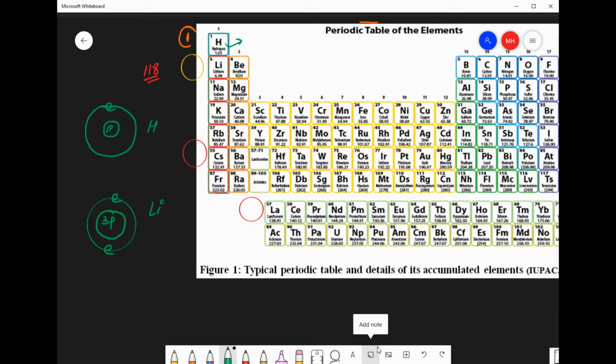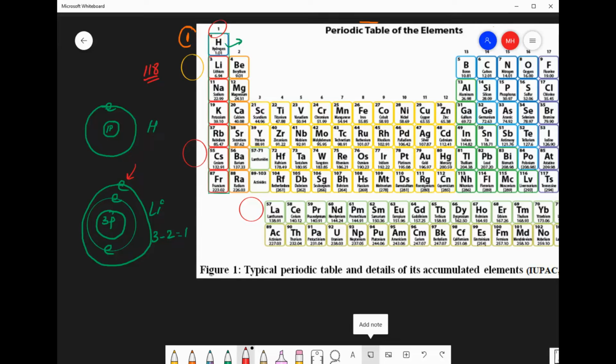Overall lithium has three electrons, so 3 minus 2 means two are already in a shell, one is left, and that one will go into the next shell. Can you see hydrogen has one in its last shell, because it has one shell, the first shell, which is the last shell. But lithium also has one electron in its last shell, and lithium belongs to group number one.